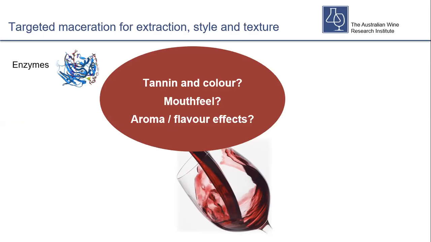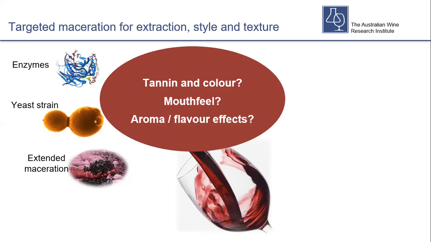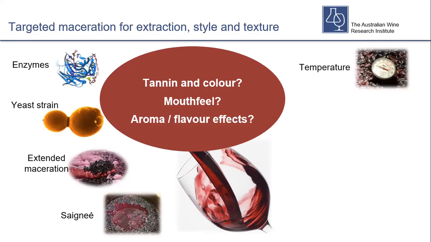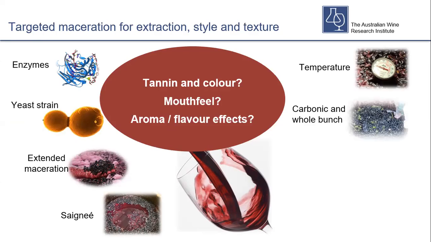So I'll be looking today at enzymes, yeast strain, extended maceration, saignée, and temperature differences during fermentation. Unfortunately, due to the nature of some of our collaborations and the inability to talk about some of that work, I won't be able to talk about techniques like flash détente at this point, but hopefully in the future we will be able to address that.